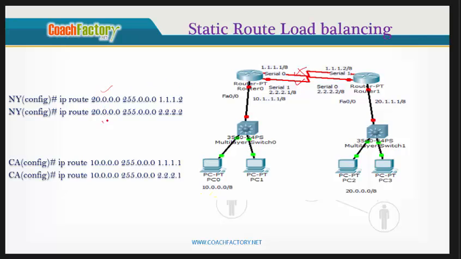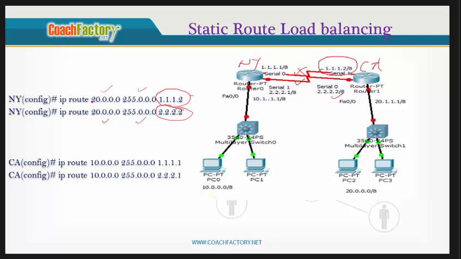The destination network will be the same, the subnet mask will be the same, but only the gateway IP address will change. This one represents this connection's interface IP address, and this one represents another serial interface which is connected to the California branch.